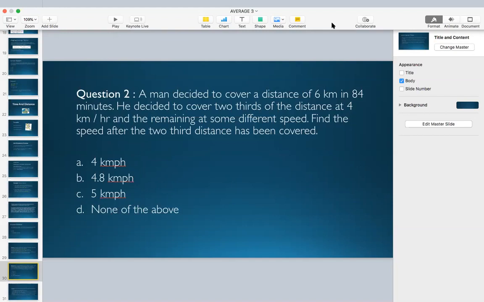Now, see, the reason why you guys did it wrong is because as soon as you calculated something where 4 came out, that was there in the first option, so you didn't bother to check what the question was, right? This happens in a lot of aptitude tests.